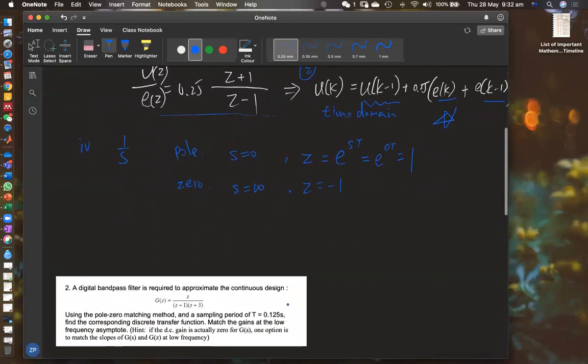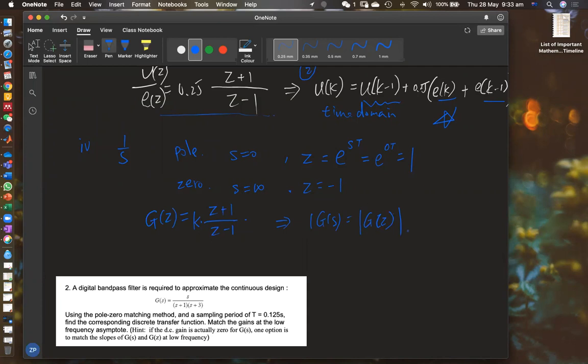Okay, so with that, we can get our G(z) equal to, ideally, z plus 1 on the top and z minus 1 on the bottom. However, we want to multiply with a k, or put a k in the front. This k is to make sure G(s) equals G(z).